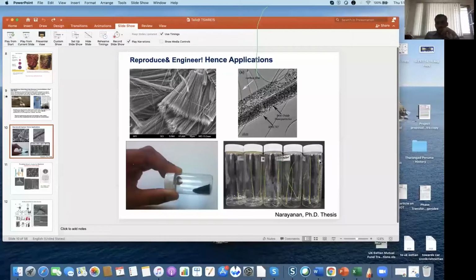Okay. Another question is, you said that nanotubes can be used in transmission lines. If so, does it completely transmit the signal like an optical fiber? How does it work? You see, what I was talking about is nanotube or nanofiber based transmission lines, which can replace the existing aluminum based cables.